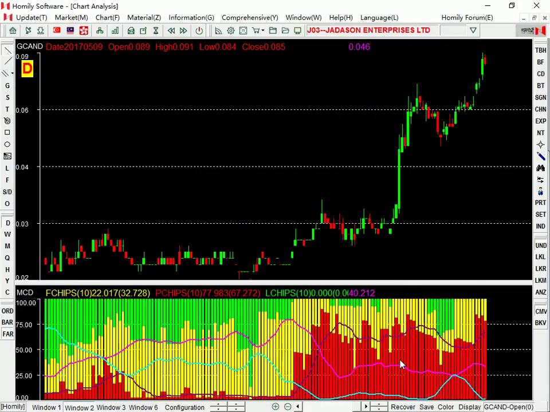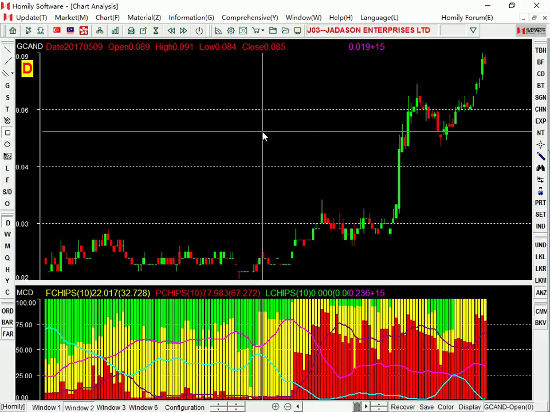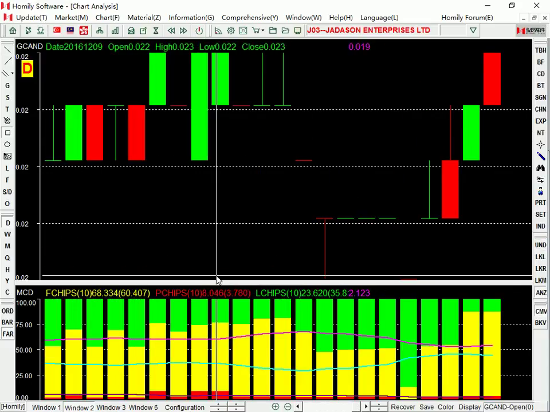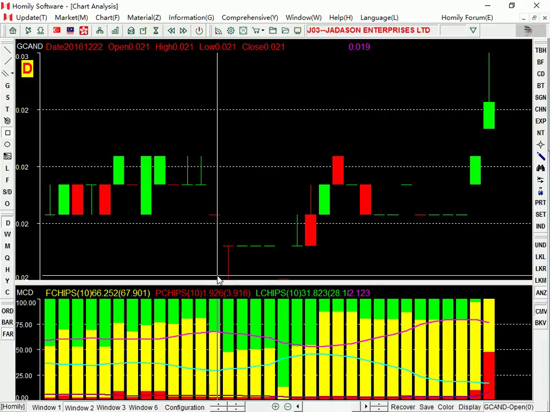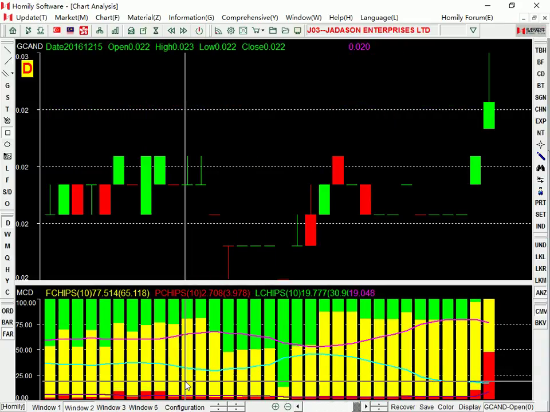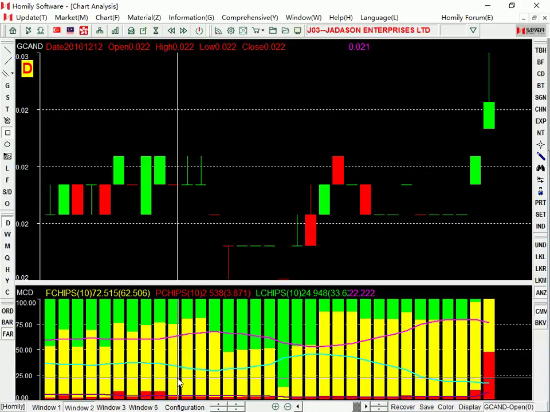So for this one, we wait and see. Then if you see the red bar go above 25, what should we do? This is the meaning. It means the banker open position.